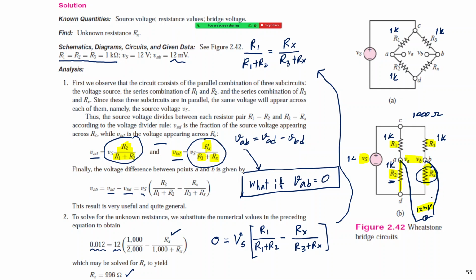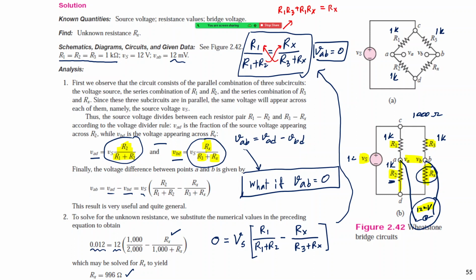So if we measure the voltage between A and B and it becomes 0, you get this relation. So what happens to this relation? We get R1 R3 plus R1 Rx, multiplied across, equal to Rx R1 plus Rx R2.